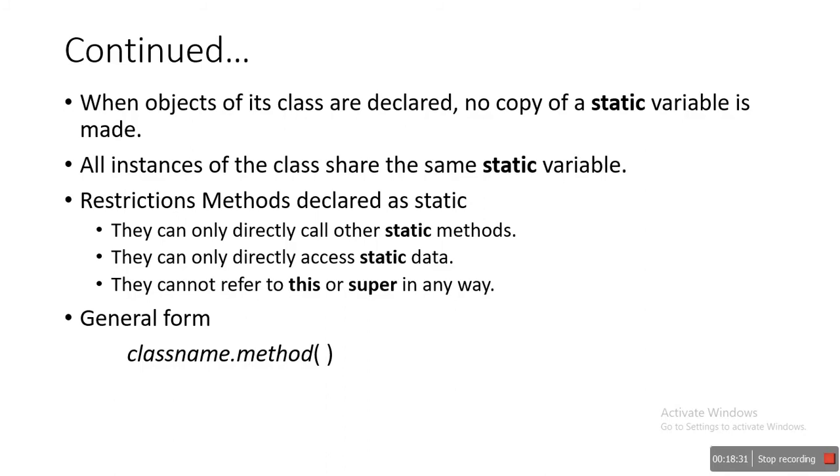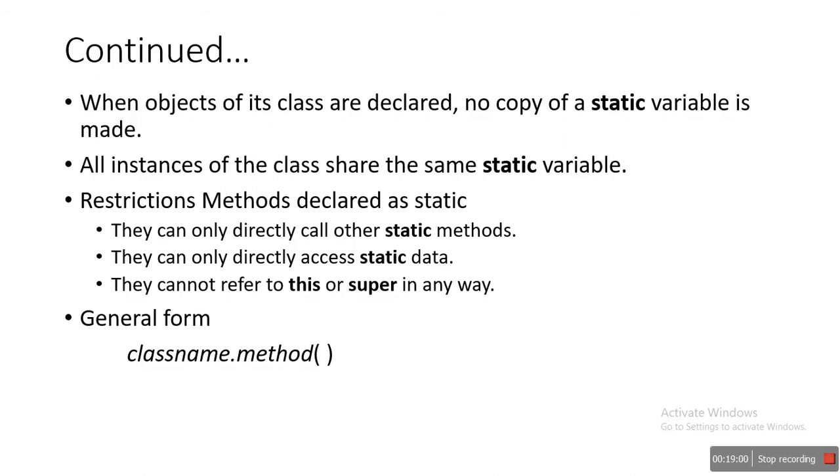If you create an object and there is a data member declared as static, that copy is not created, and the object is not pointing to that specific static data member. Okay, so now all instances of the class share the same static variable. All instances, meaning all the reference variables, share the same static variables.